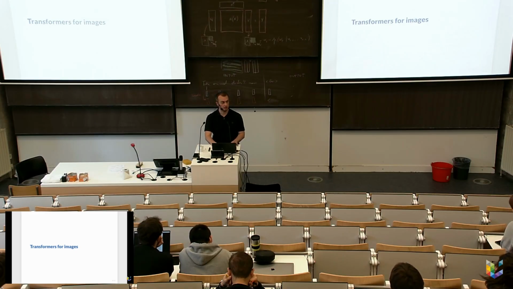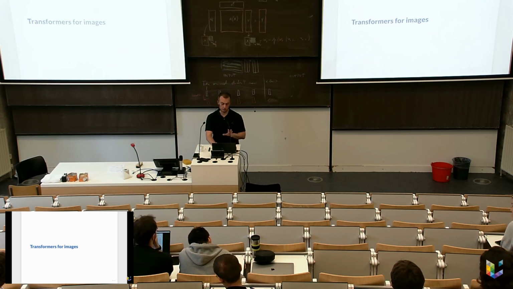So really the key when you want to use a transformer is to transform your problem into tokens. As soon as you have tokens, you are good to go and you can proceed with the transformer. So the trick to use a transformer on images is to find a way to transform an image into tokens.